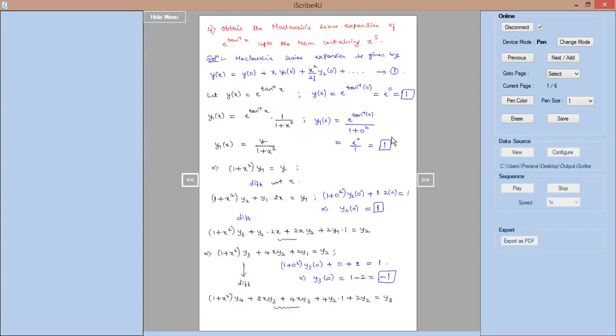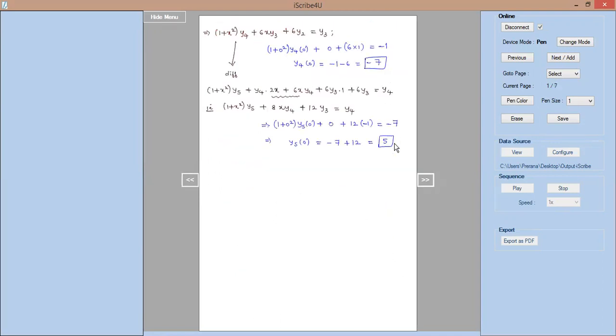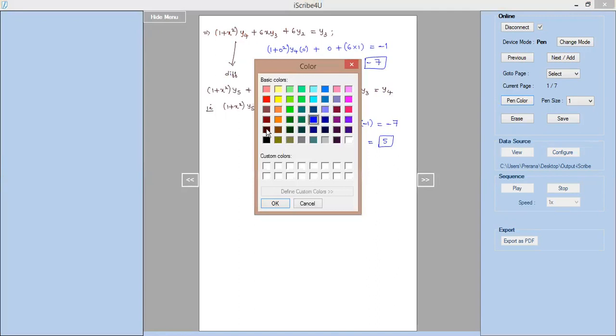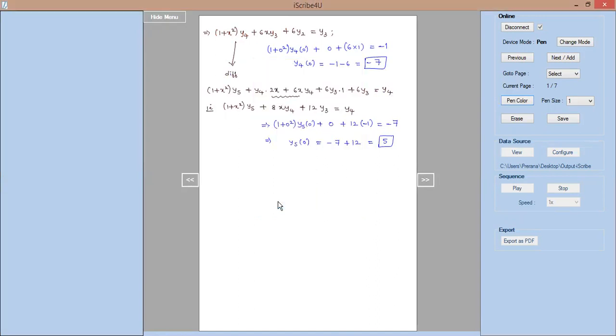So we have y of 0, y1 of 0, y2 of 0, y3 of 0, y4 and y5 of 0. That is the reason I have boxed all these, so that we can find them very easily. Now we will substitute all these into equation 1 where we have already written the formula.